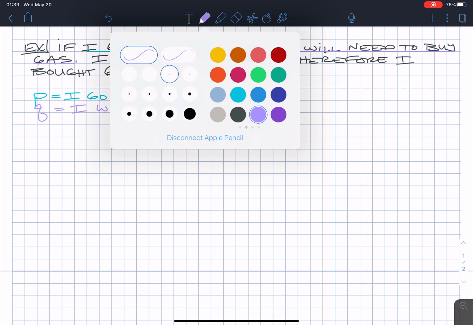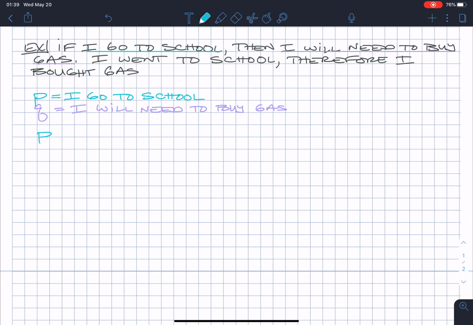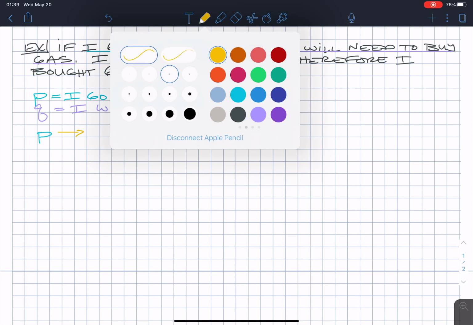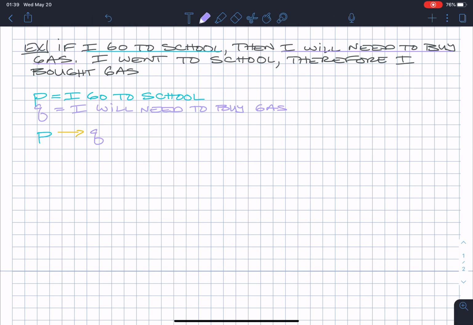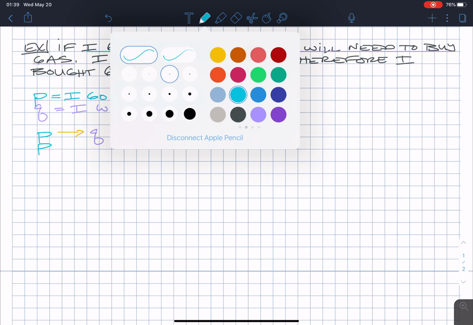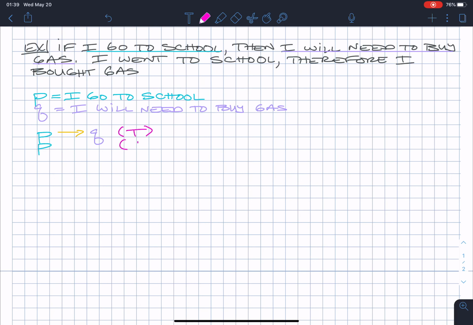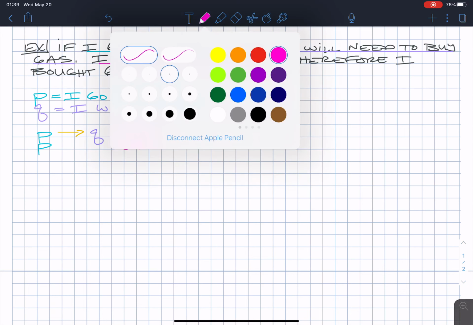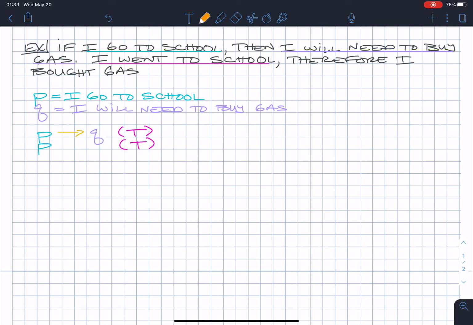If P implies Q is true, which it is, if I drive to school, I'll need to buy gas, and we know that P is true, from the statement I went to school, what can I conclude?